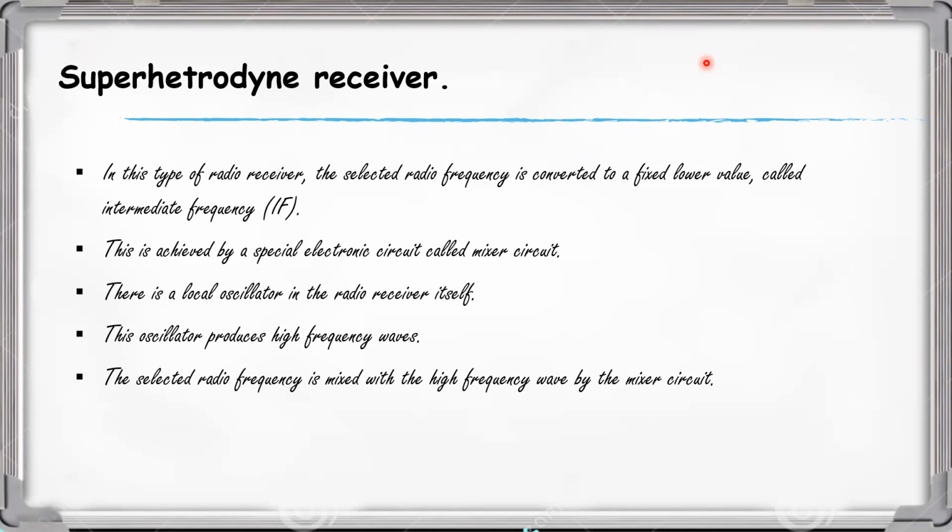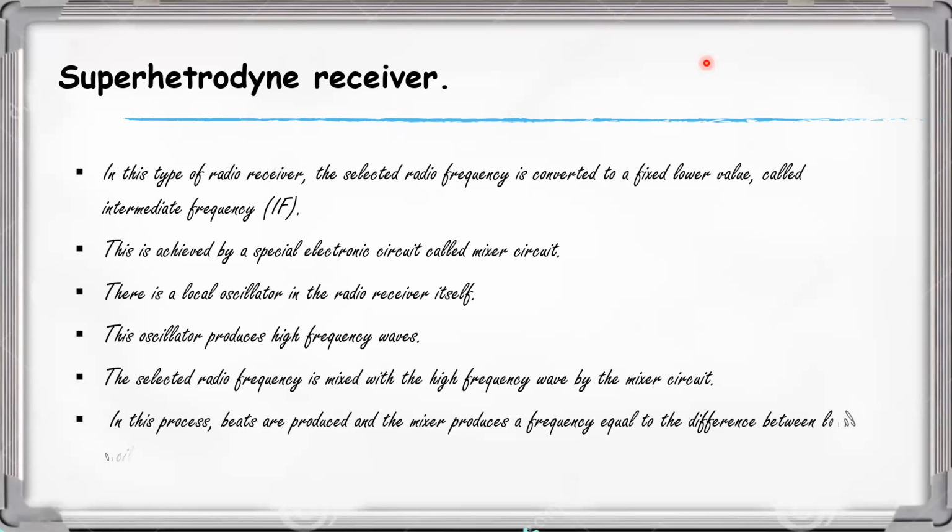It is done with the mixer circuit. In the mixing process, beats are produced, and the mixer produces a frequency equal to the difference between the local oscillator and the radio frequency.